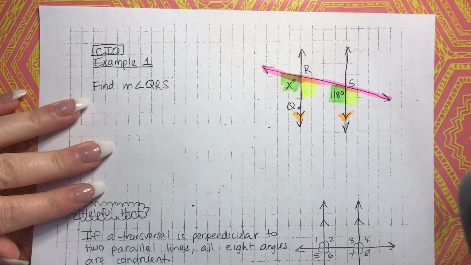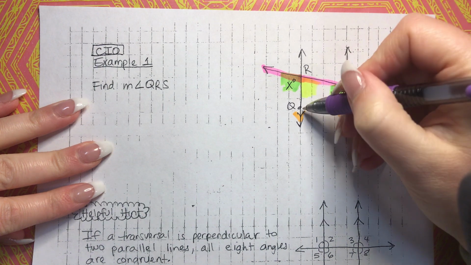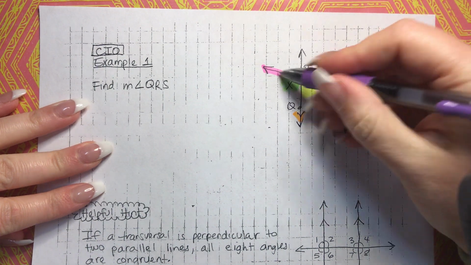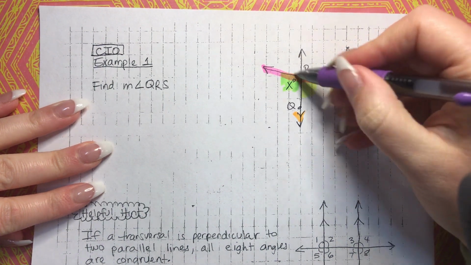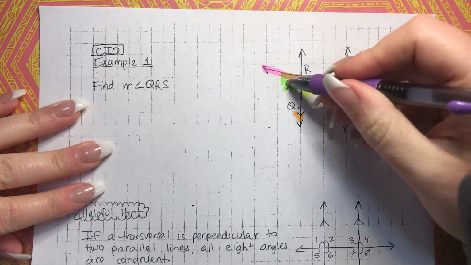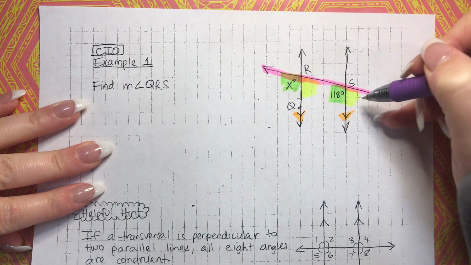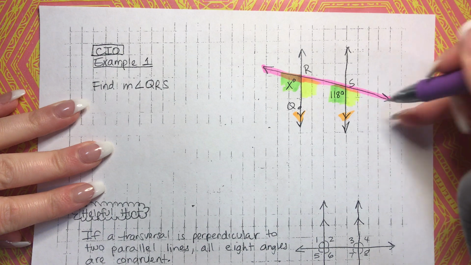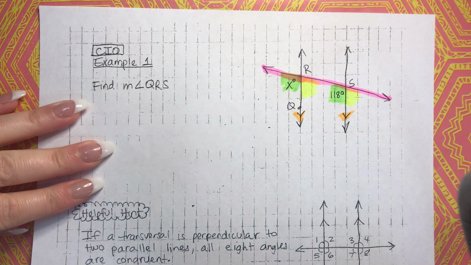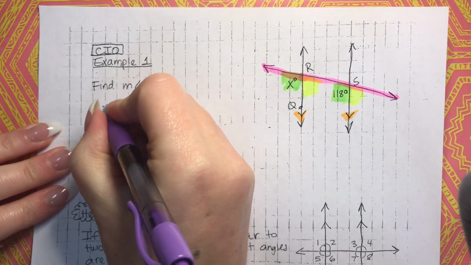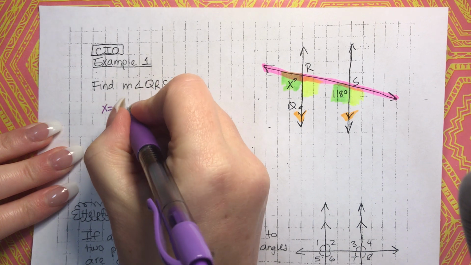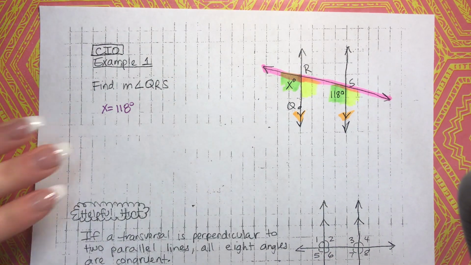We know these two are equal because of the corresponding angles postulate. There's not enough symbols, so I'm just going to say X is equal to 118 degrees.